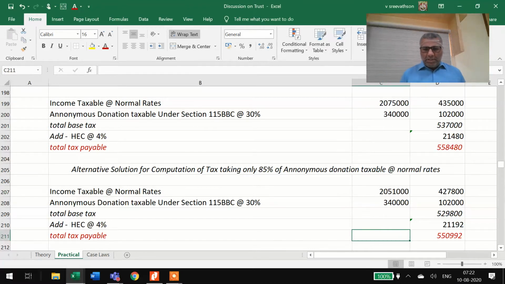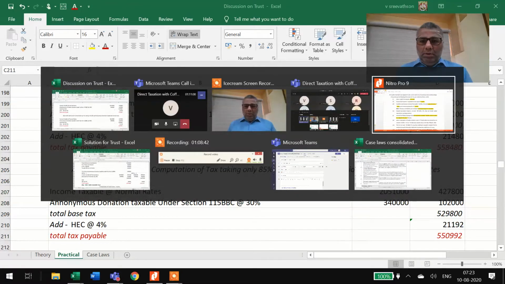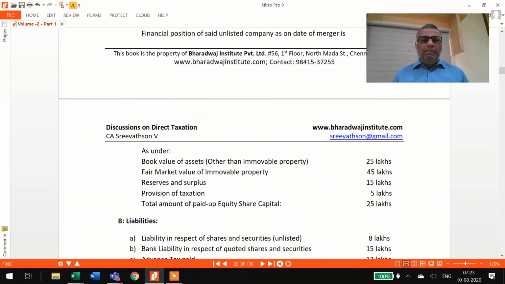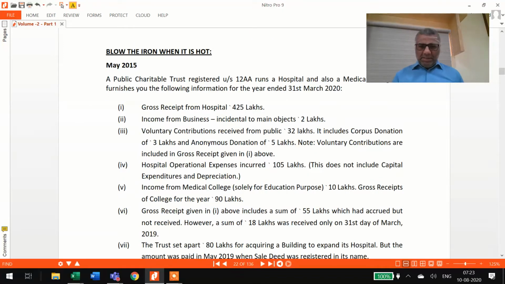So this is the tax payable funds in both the options. This came as a question. Once again, the same question, my dear friends. May 2015 is the same.